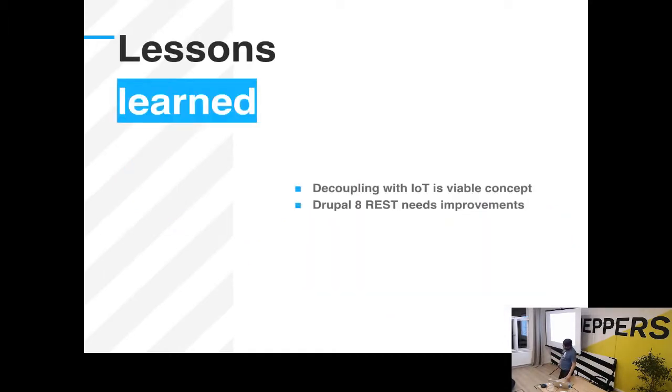So what I learned while doing this project is that you can easily do decoupling with Drupal 8, but it needs some improvements. I think it's quite a viable concept with Internet of Things because, as I showed you in this little project, you can send information to your mobile application, which is also provided some data from your Drupal 8 website.